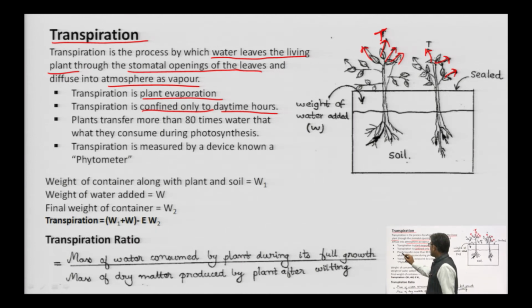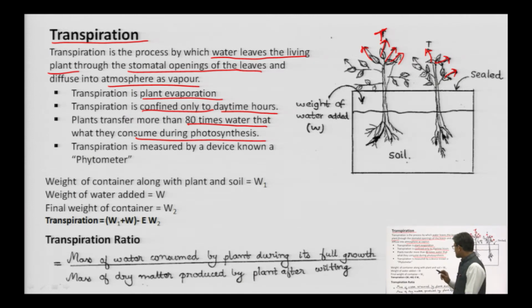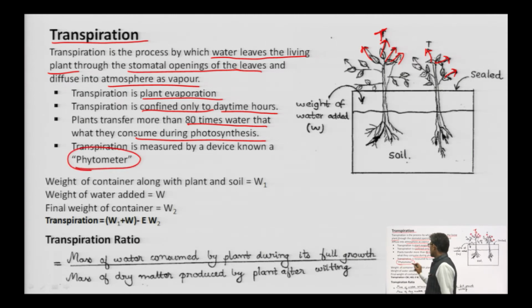Plants transfer more than 80 times the water that they consume during photosynthesis. Transpiration is measured by a device known as a phytometer. So we use phytometers to measure the quantity of water released into the atmosphere as vapor. How can it be measured?